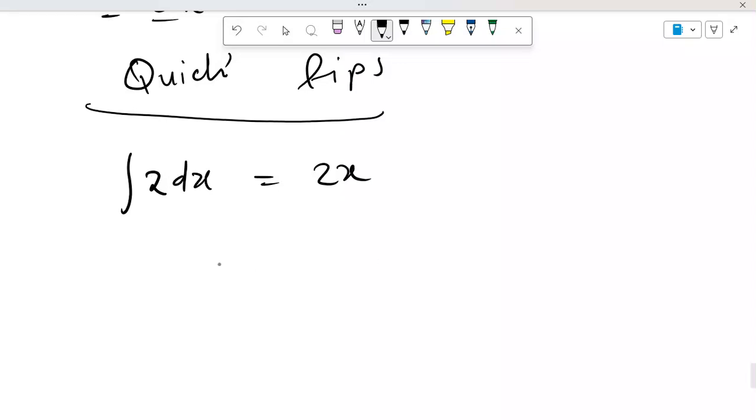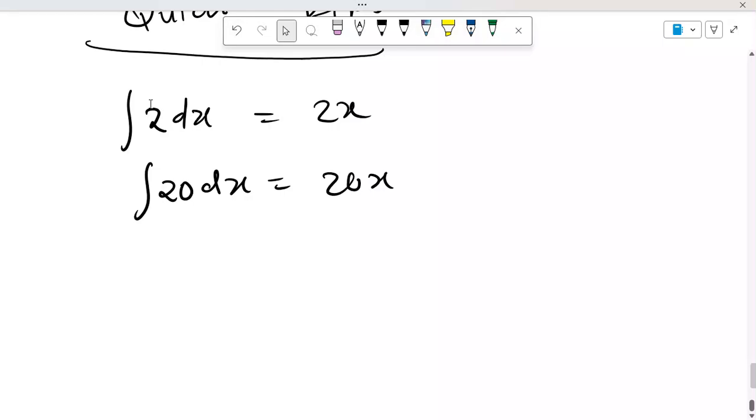If I say integrate 20 dx, you know this will be 20x. The x to the power 0 step is a formality, but if you are quick, you don't have to solve these things. You just quickly say, oh, this is this.